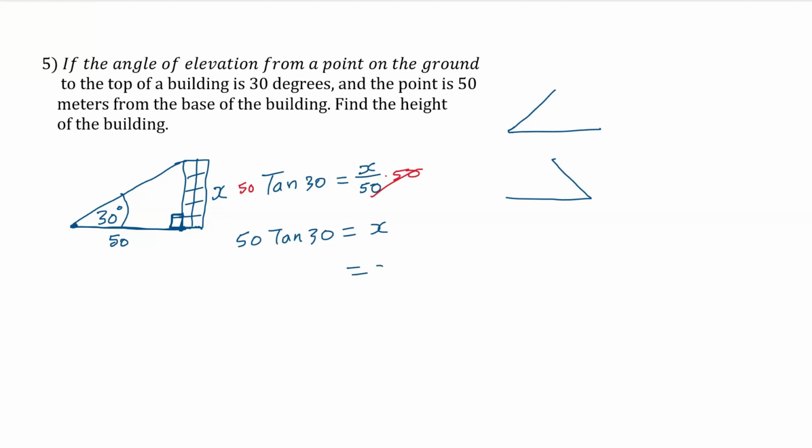So now you put this in the calculator, and let me try again. So we have 50 times tangent 30. And what I get is 28.87 if I round it off.